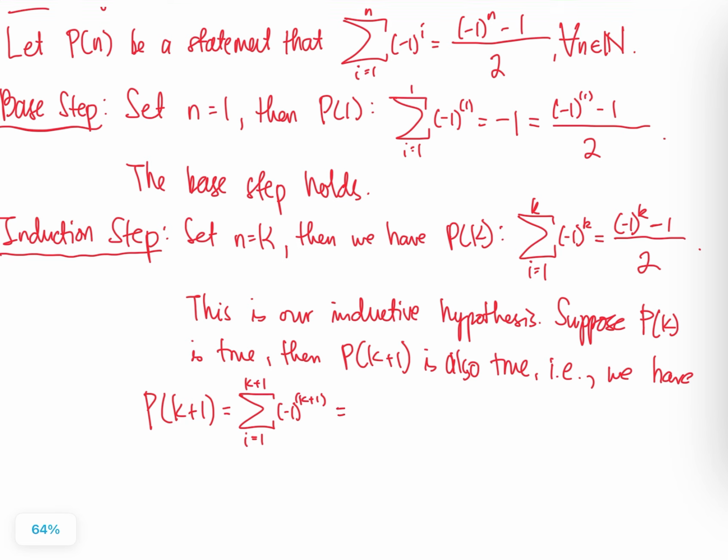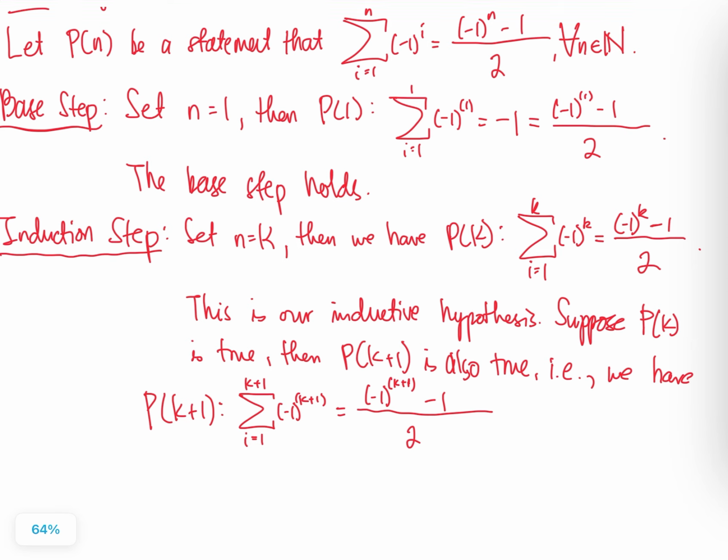Sorry, this should not be an equal sign, but colon equal to -1 raised to k plus 1 minus 1 all over 2. So that's our claim. So we will prove that that will be true.